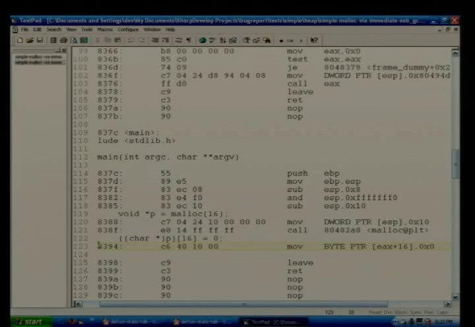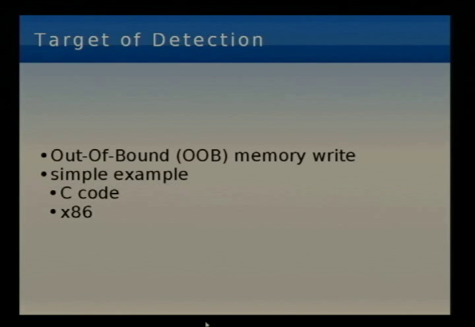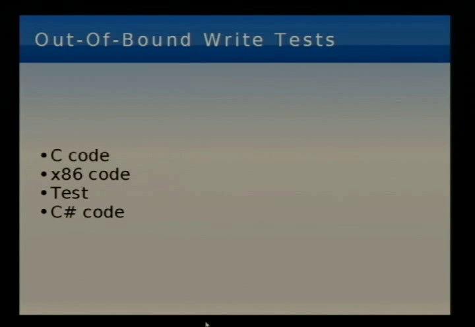And it's going to put a 0 there, 1 too many. One of my German colleagues on the FreeSCI open source project calls these OB1 bugs. So that's what the assembly looks like. Out of bounds memory access. All right, cool. So out of bound write tests.